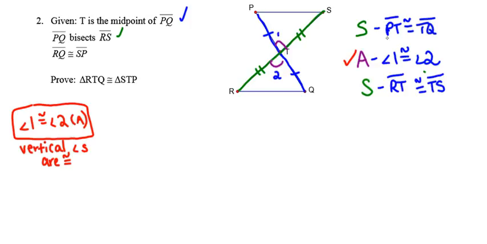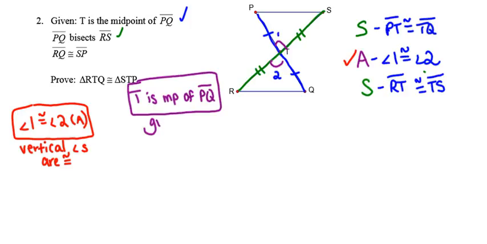I need to now talk about segments PT and TQ being congruent. The reason I knew they were congruent is due to the midpoint. So I need to go have a little discussion about the midpoint, which doesn't have anything to do with the vertical angles. So I'm going to go start a new branch of my proof. Incidentally, if you're more comfortable writing statements and reasons, you're certainly more than welcome to do that.